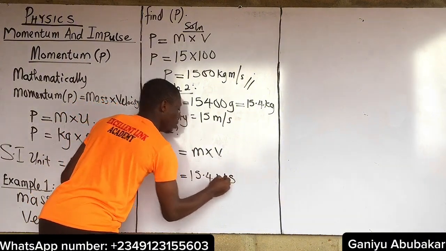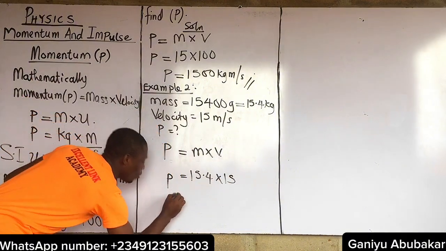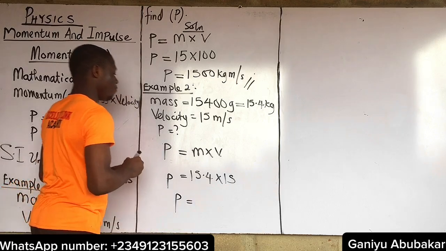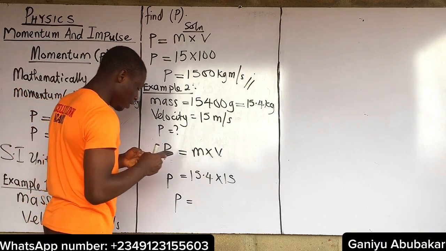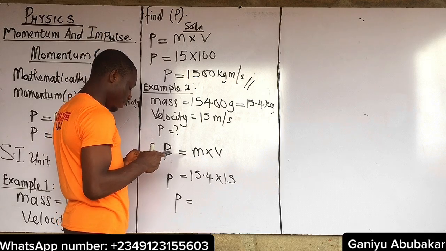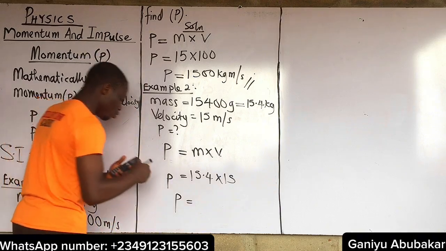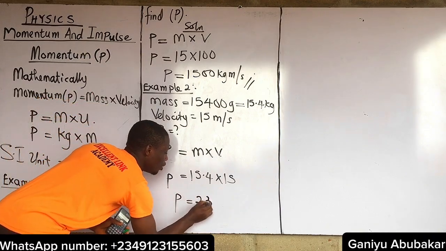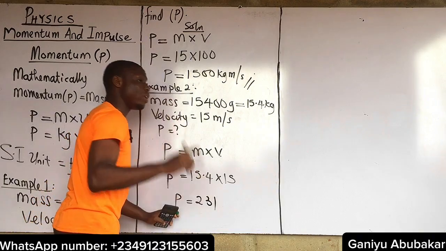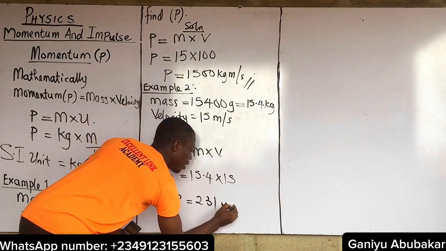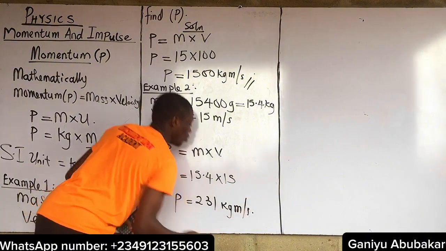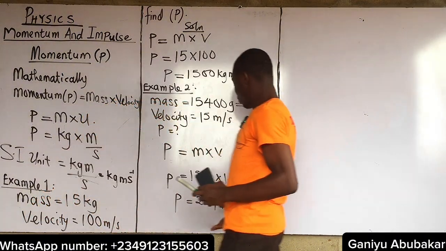Velocity is 15. Multiply 15.4 by 15, and I have 231. Momentum is 231 kilogram meter per second, my SI unit for momentum.